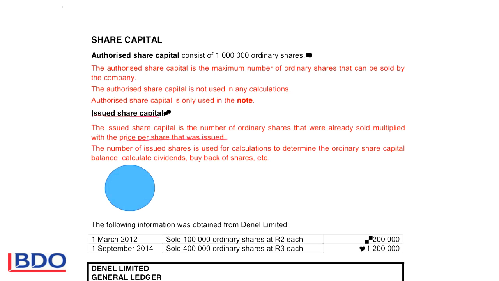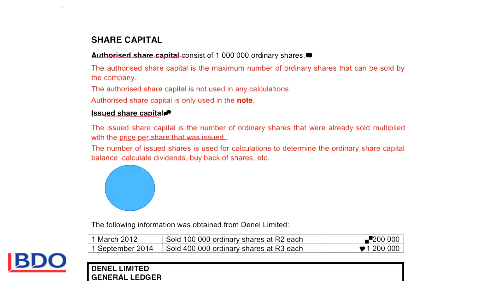The issued share capital is used to do calculations to determine what your ordinary share capital is, how to calculate dividends, and if you have to repurchase shares, how you will calculate the amount there. The authorized share capital consists of 1 million shares.